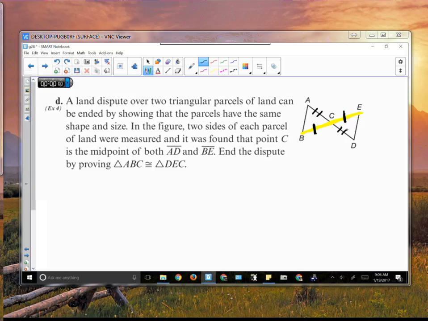So if I've got those two sides congruent, what is the last thing that I really need to have? Angle C. And why would angle C be the same? Not reflection. Because we're talking about this angle that's over here and this angle that's over here. Vertical angles. So, by side, angle, side, the triangles have to be the same. All right. I'll let you get to work on this.